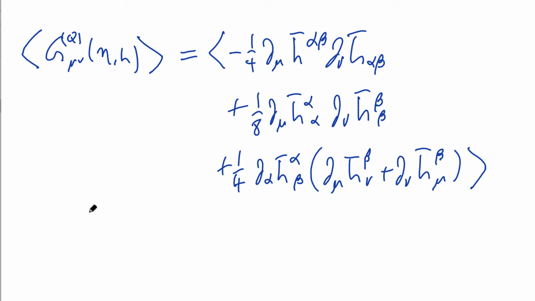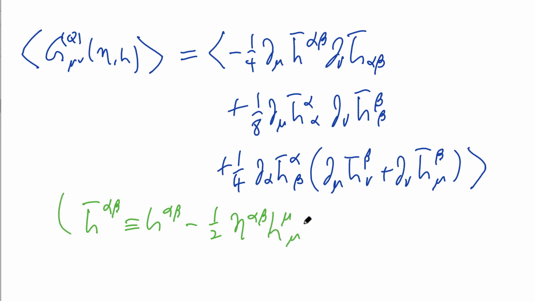Recall that the trace reversed metric perturbation, h bar, is just defined as the metric perturbation minus 1/2 eta times the trace. And now the stress energy momentum tensor is just minus 1 over 8 pi times this result.